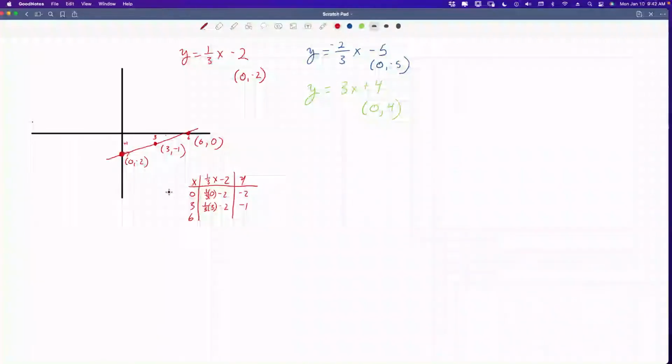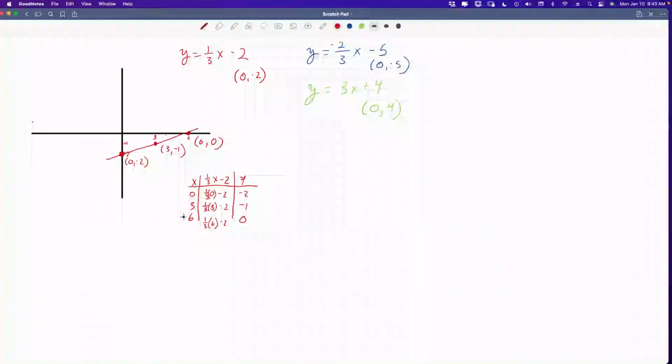Isn't this 3 and -1? It is. All right, if I pick 1/3 times 6 minus 2, I get 6/3. That's 2 minus 2. Isn't that 0? And isn't that the same point we picked, just by looking at the slope of the line and counting our spaces.